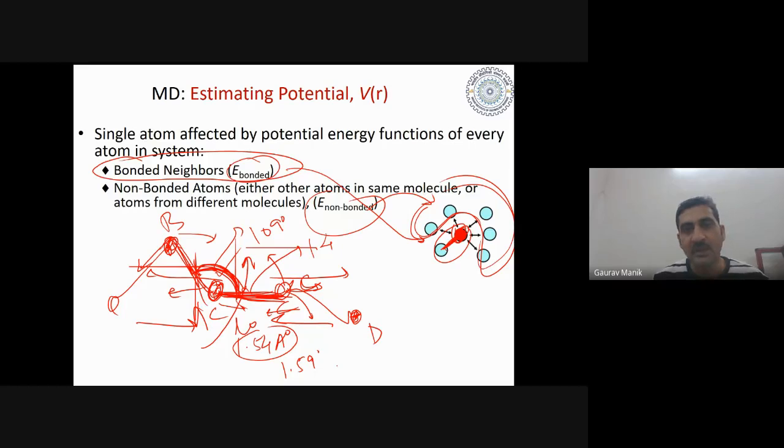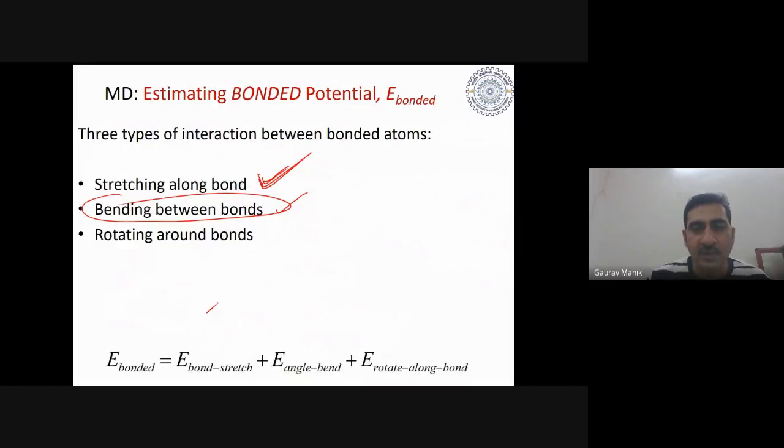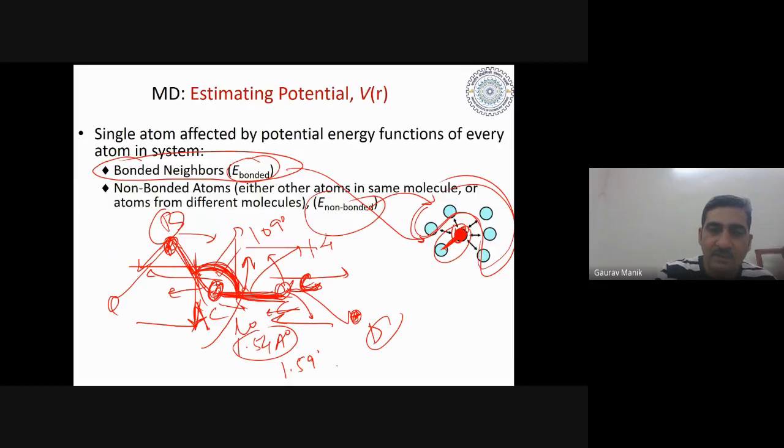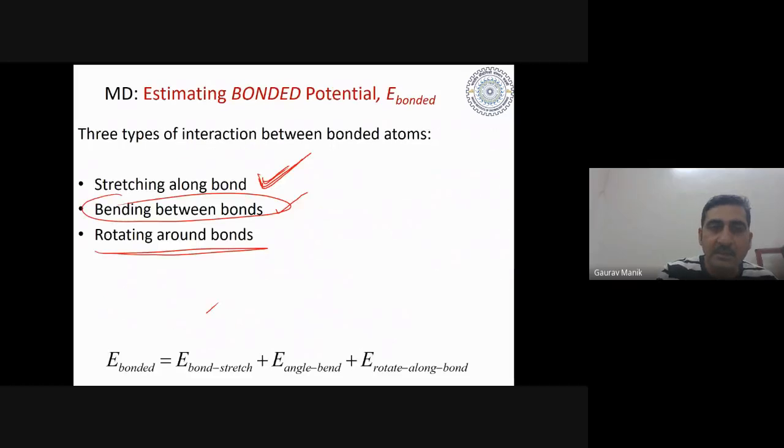So a 3D movement of this bond between atoms A and C. So this is my atom A and this is my atom C. Any 3D movement of this bond AC will make the atoms B and D move in space, and that's what we call the torsional movement or the rotation around the bond. So this is called rotation around the bonds. The angle change is referred to as bending.